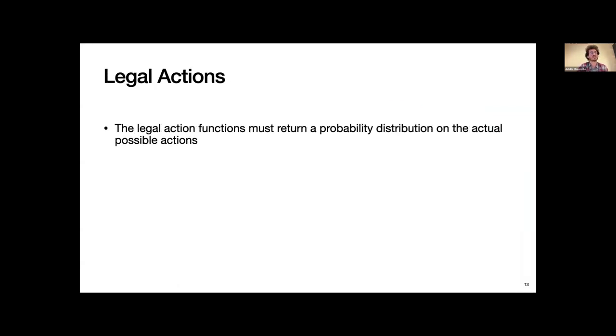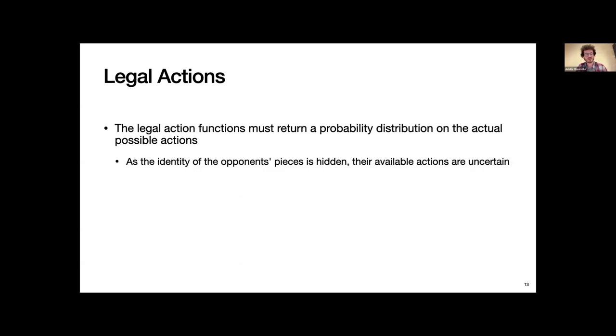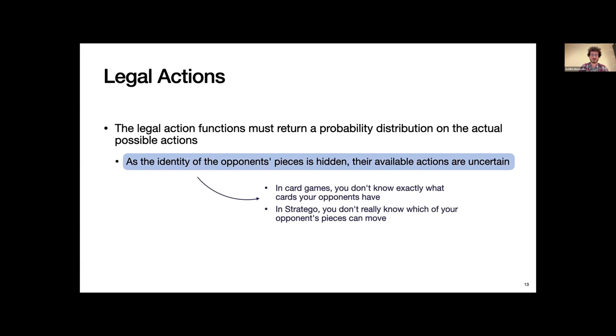Another important point is that legal action functions must return a probability distribution on the actual possible actions. This is because, since the identities of the opponent pieces are unknown, their actions are also uncertain. So, for example, in card games, if you don't actually know the cards of the opponent, you don't know exactly which card he will play.